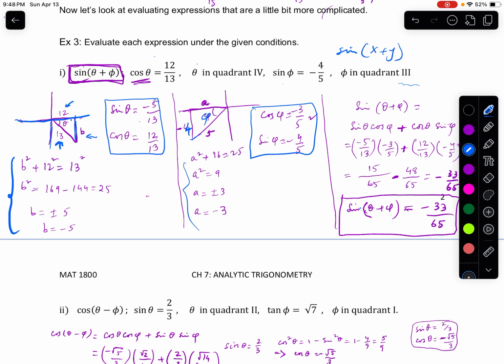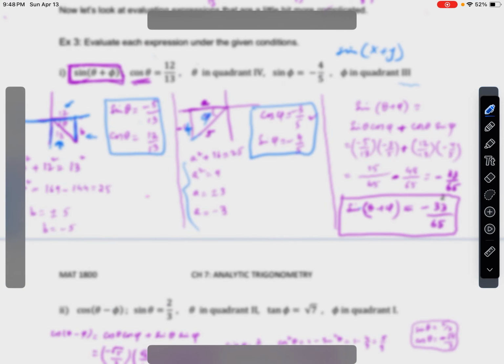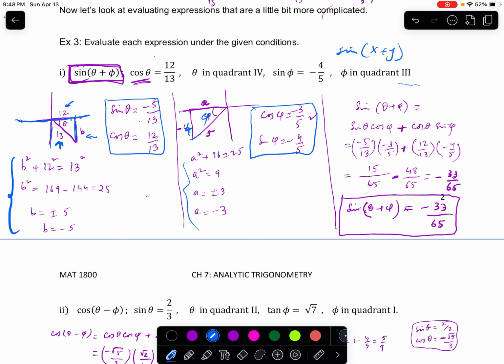Now that we have this information, we can figure out sine of theta plus phi. It will be sine theta cosine phi plus cosine theta sine phi. Now I plug in the values and just multiply. Notice here, in the first expression, we can cancel this 5, but then we won't be able to put it together.